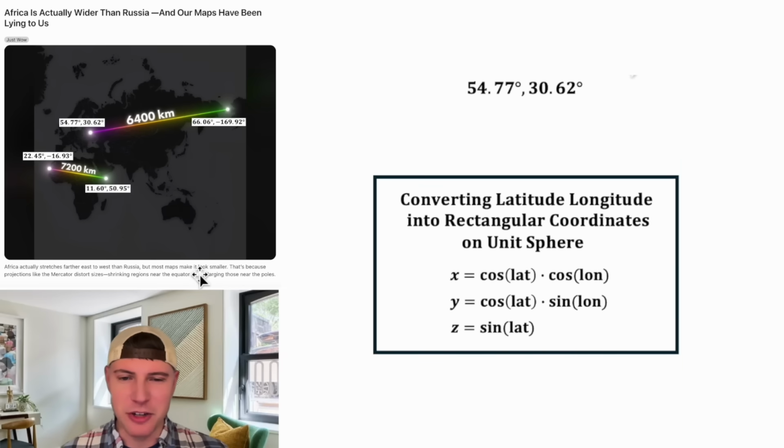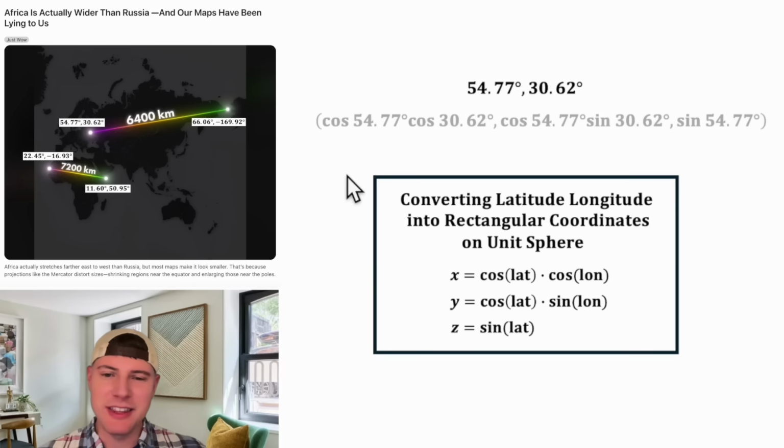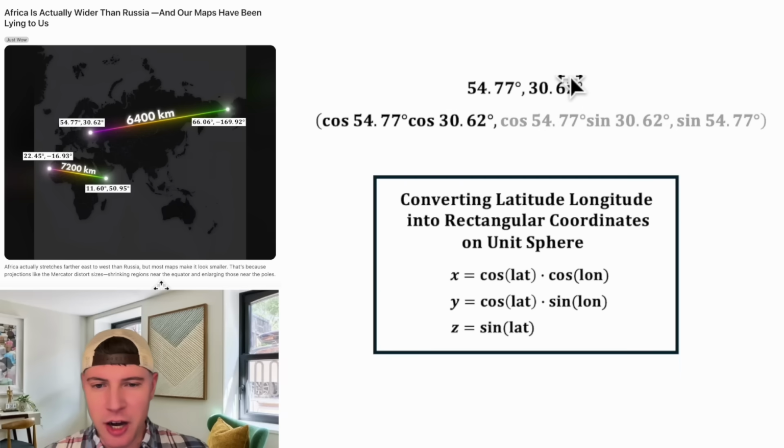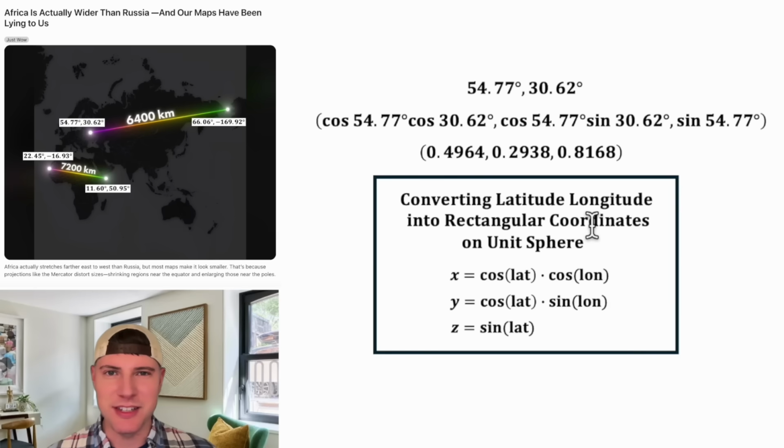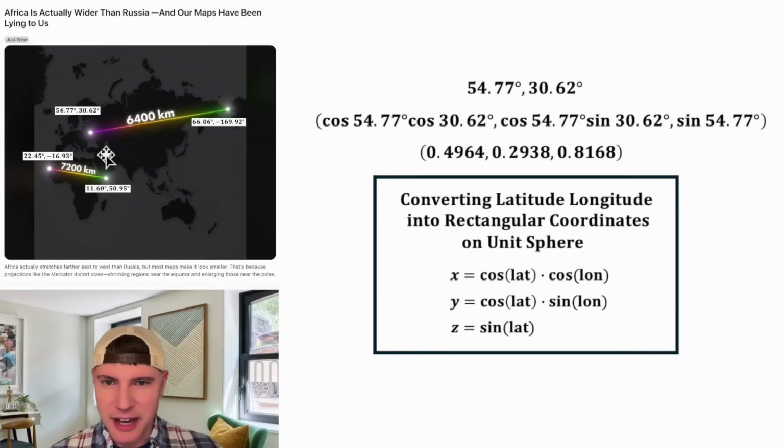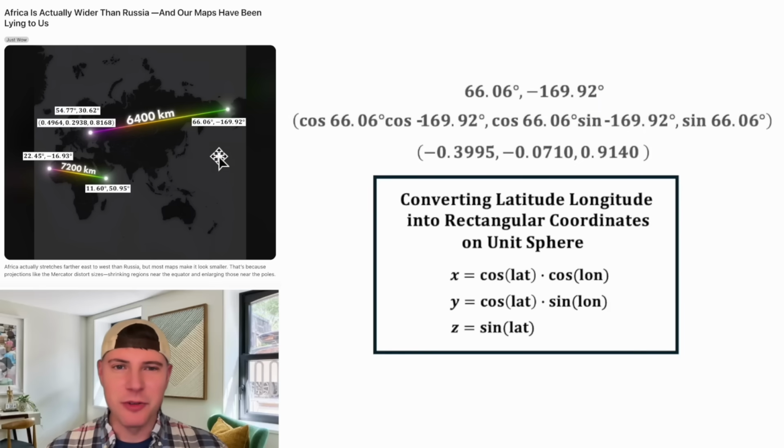54.77, 30.62. So now we can get the xyz. It'll be cosine of this, comma, cosine of this, sine of this, comma, sine of this one. And after we plug all this into a calculator, we get these xyz coordinates. And we can update that up here. And now let's do the same thing for these coordinates.